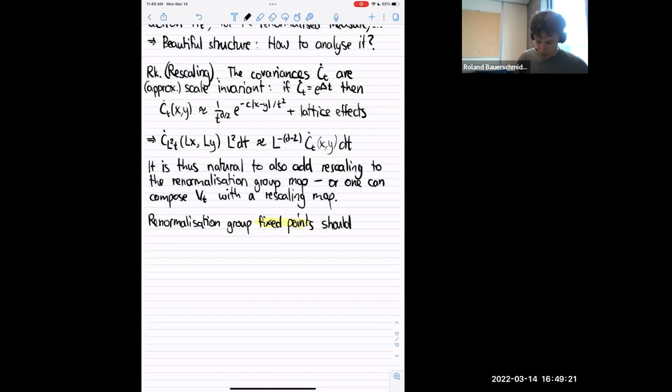So renormalization group fixed points should be asymptotically stationary solutions to the Polchinski equation or any of the other equivalent equations, up to rescaling.